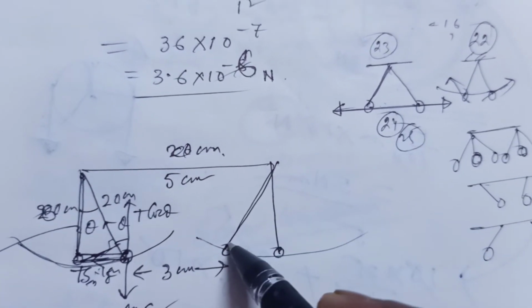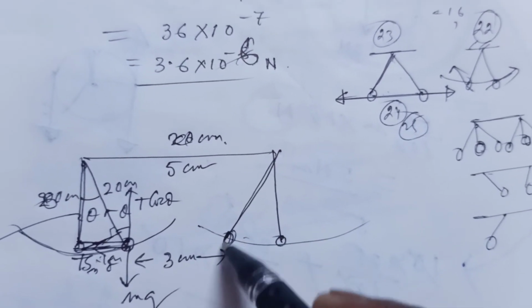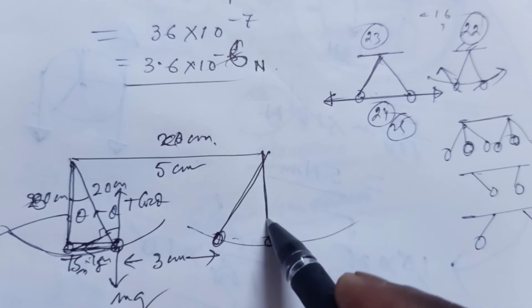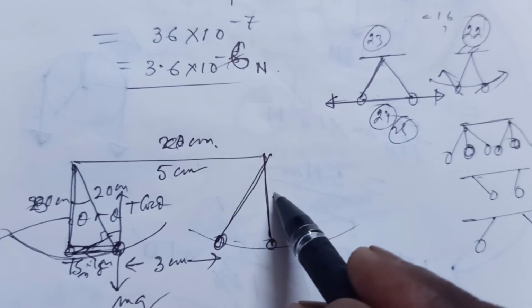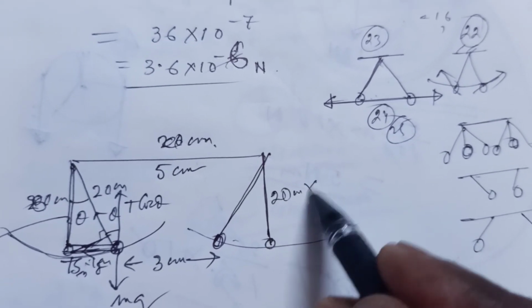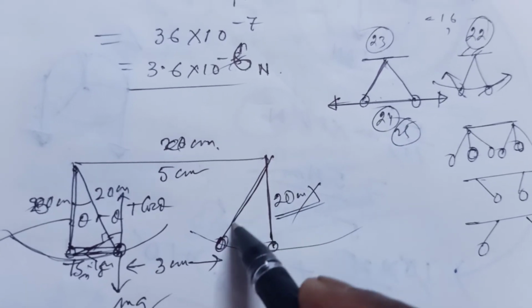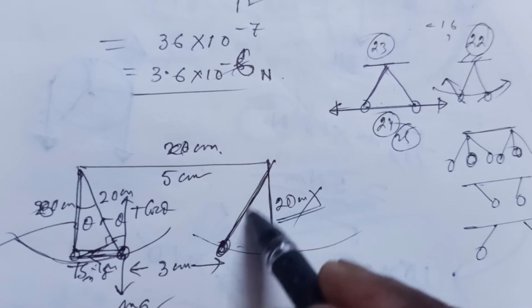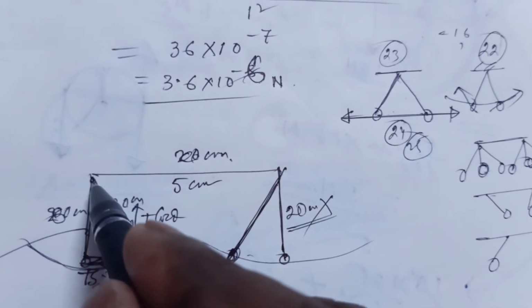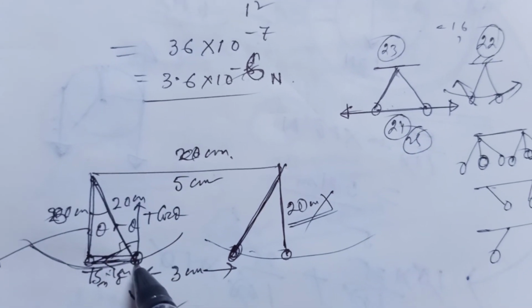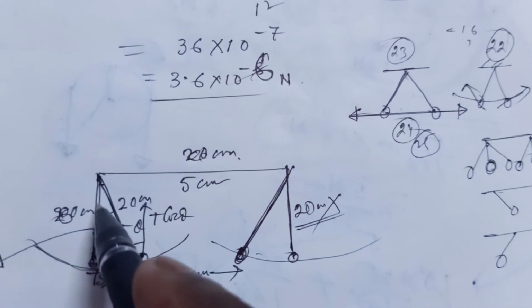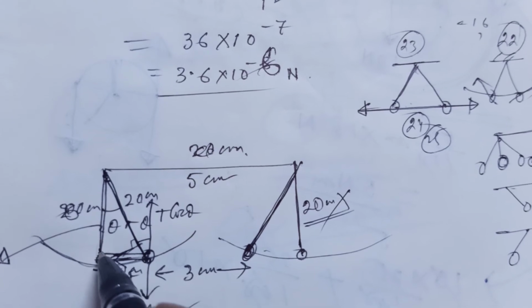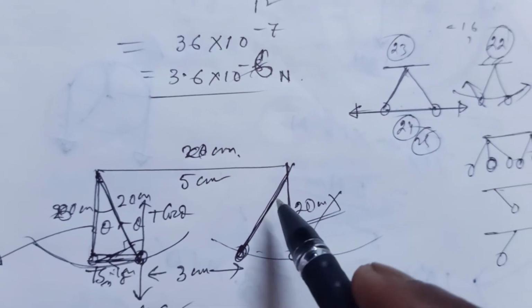So this is 20 centimeter, and the concept is wrong if you take that particular value as 20. This is not 20 centimeter, because the ball is attracted toward the other. The hypotenuse is 20 centimeter. If you take the perpendicular as 20 centimeter, then the answer is wrong.